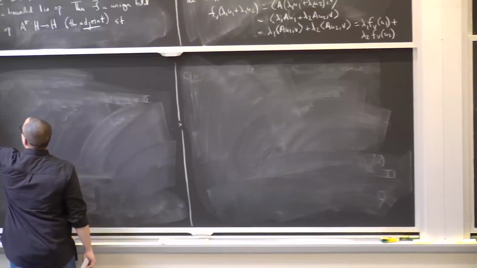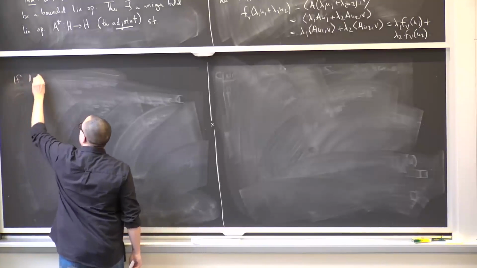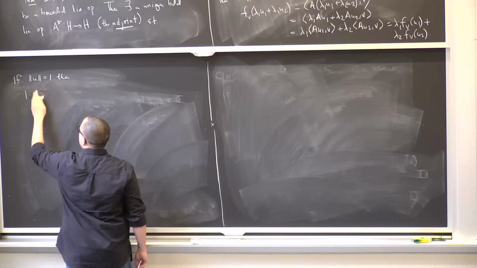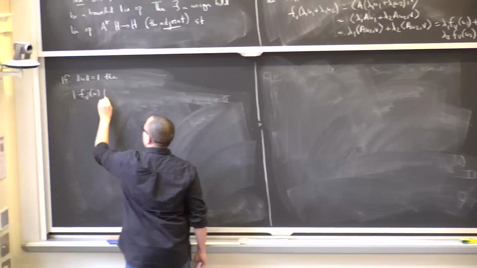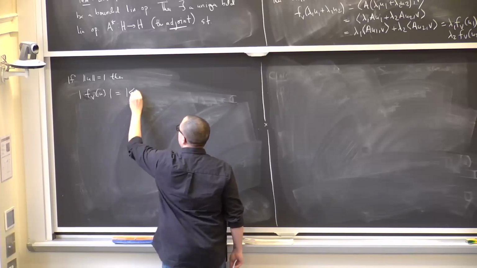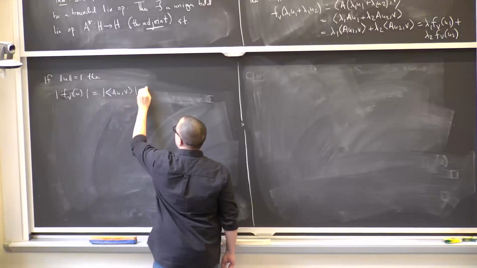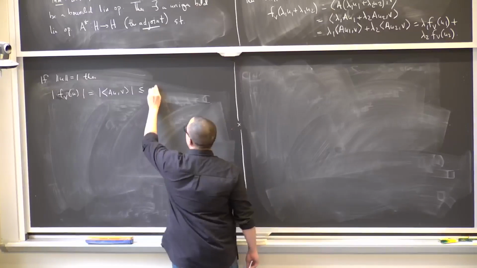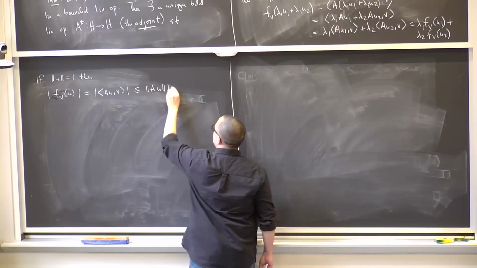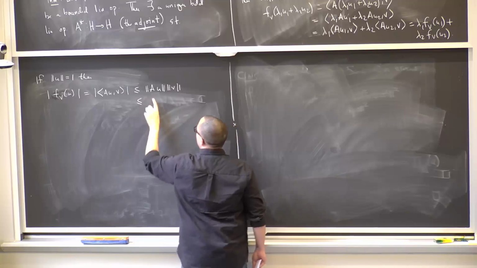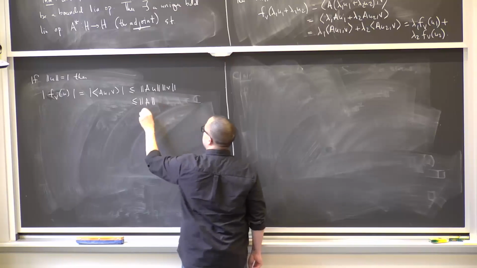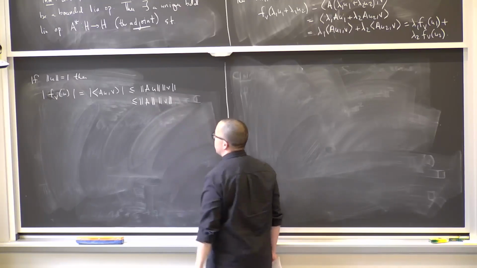And we just check if the norm of u equals 1, then if I take the absolute value of F sub v applied to u, this is, by definition, A u inner product v, which is less than or equal to, by the Cauchy-Schwarz inequality, the norm of A u times the norm of v, and the norm of A u is less than or equal to the norm of A, since A is a bounded linear operator, times the norm of v, right?